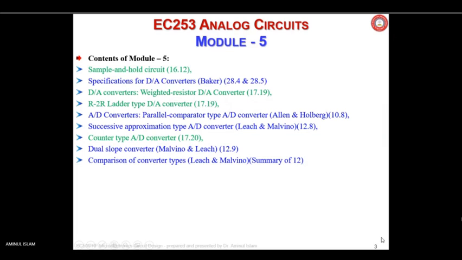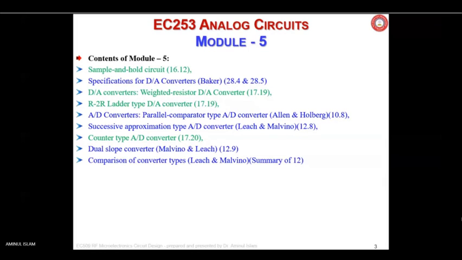In the fifth module, you have to study the sample and hold circuit. Have you heard about this earlier, Aman? No, sir. Then specification of DAC. DAC means digital to analog converters: weighted resistor DAC, R-2R ladder type DAC.